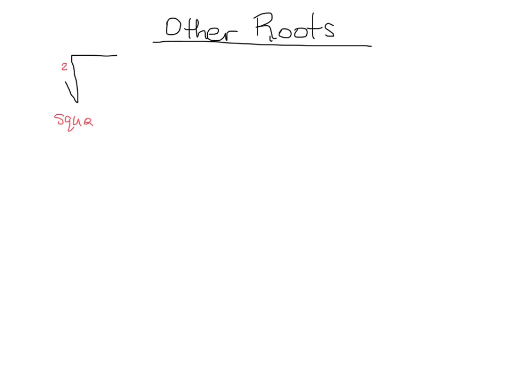And that's what we just spoke about. However, we can have cube root, fourth root, fifth root, any root really. So if we're being asked for another root, the number right here will have to be placed. So we would have to put, for example, a 3 right here if we're being asked for cube root.